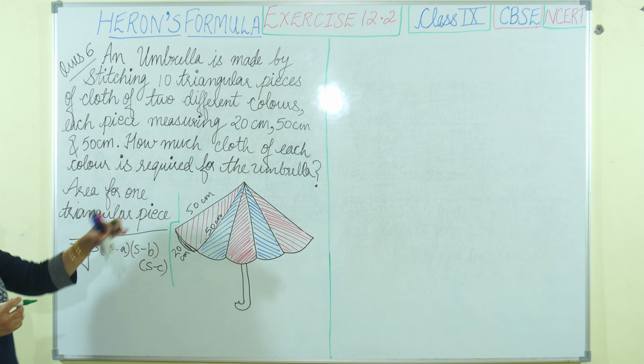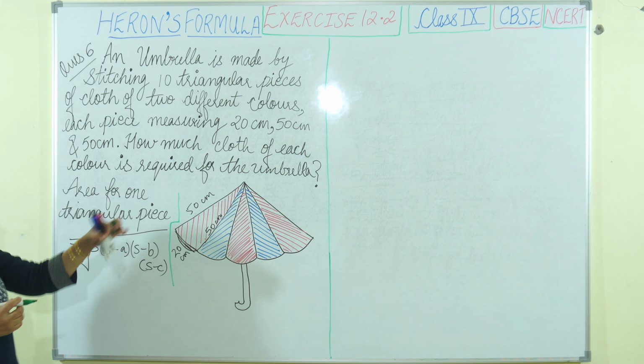Now suppose the question had asked to find the total area of the cloth. Then the total area of cloth required would be both of them added, since all the 10 pieces form the total area for the umbrella.